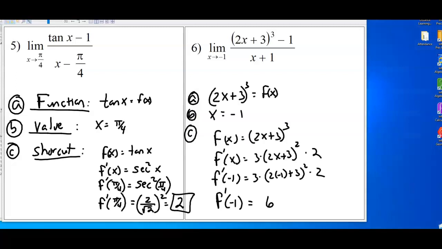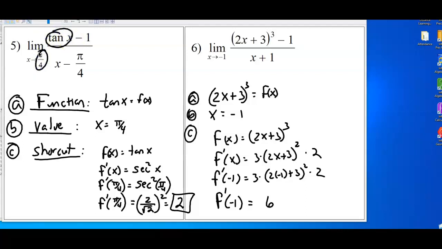Okay, so for number 5, the function that this limit represents the derivative of is tangent of x. We are finding the derivative at the value of pi over 4. So we have those 2 facts from here. And that's the most important part.